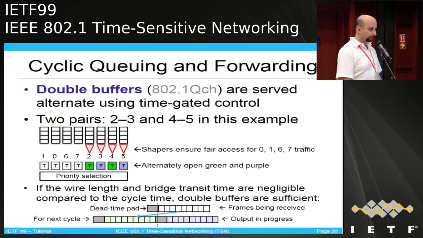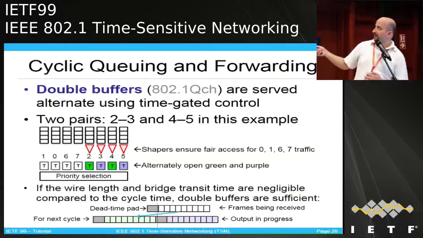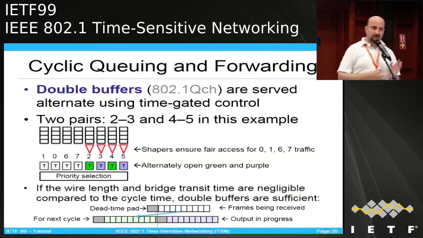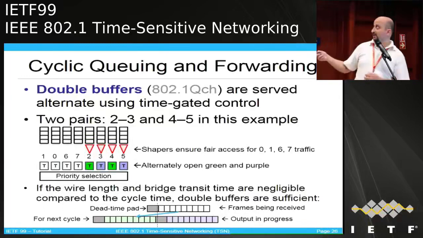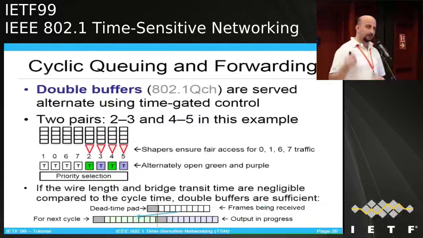So what happens is that the frames that you receive are collected for a certain time period with one of the queues, and then they are transmitted, and the collection happens in the other queue. So the 2 queues are served in an alternate fashion, and that's what provides the cyclic queuing. And in order to achieve this alternate operation, we use the time gates up front of the queue. So actually, we program the time gates according to the cycle time we want to achieve.